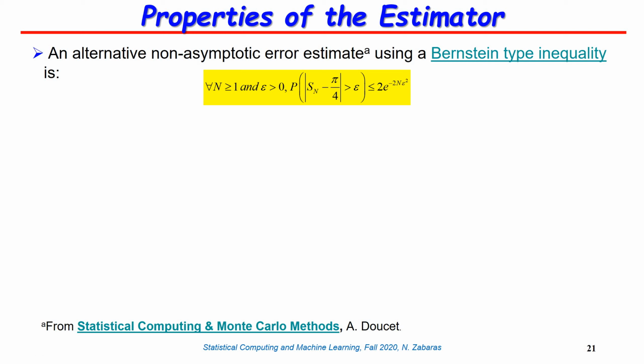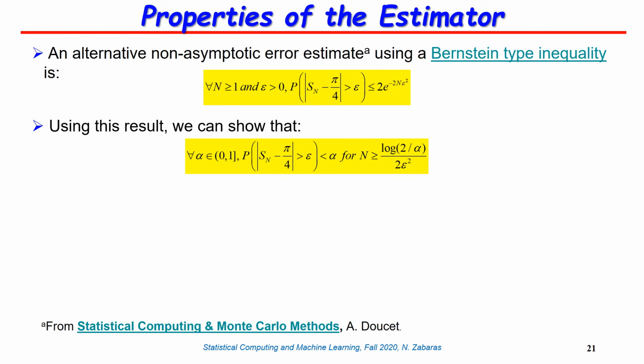And actually, using this result and plugging in different values for epsilon, you can modify it, and you can write the following: that the probability that you will be away from the true mean by epsilon, that probability being less than alpha. So if you want the probability to be smaller than a given number, then the number of samples that you will need is given by this bound here. So n needs to be greater or equal to the log of 2 over alpha, divided by 2 epsilon squared.